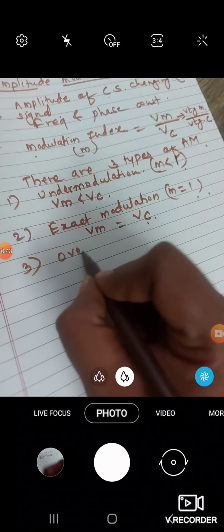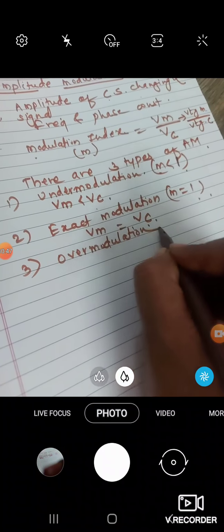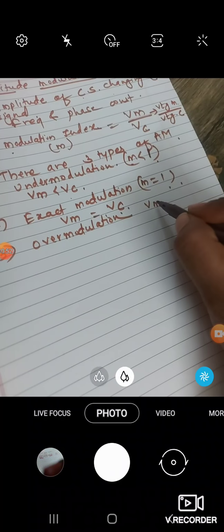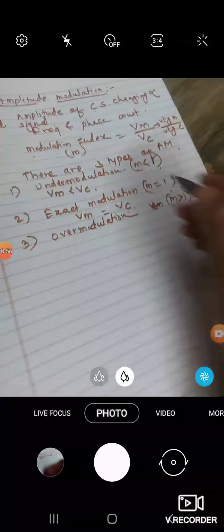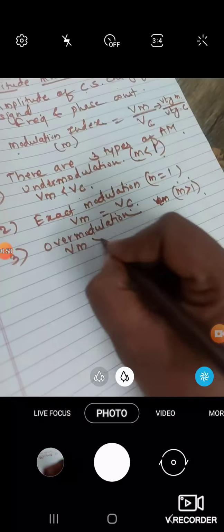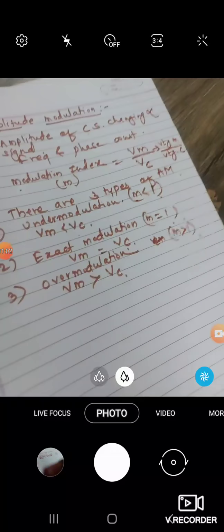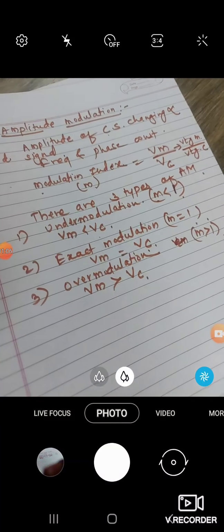And the third condition is over modulation. In over modulation, m is greater than 1, which means by default Vm is greater than Vc. That is the third condition of amplitude modulation.